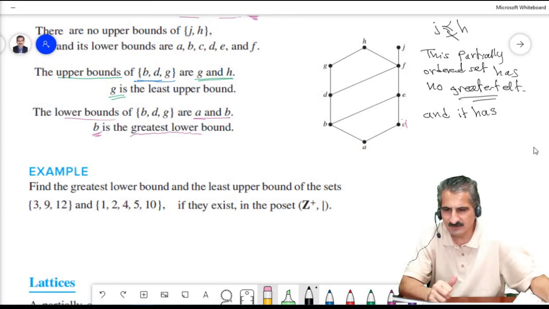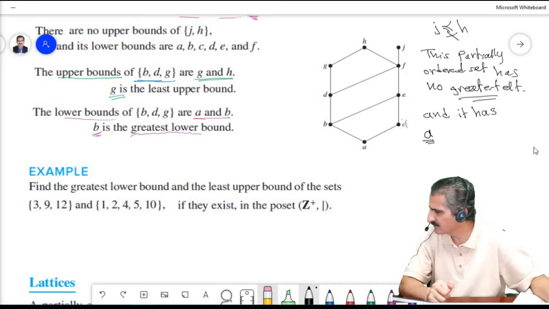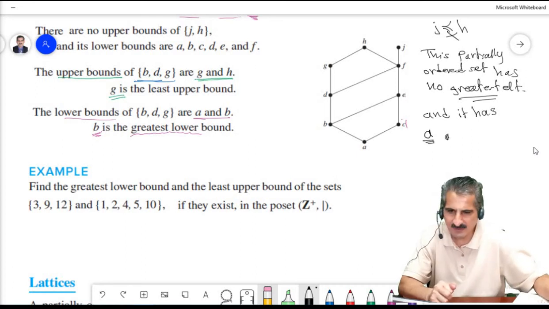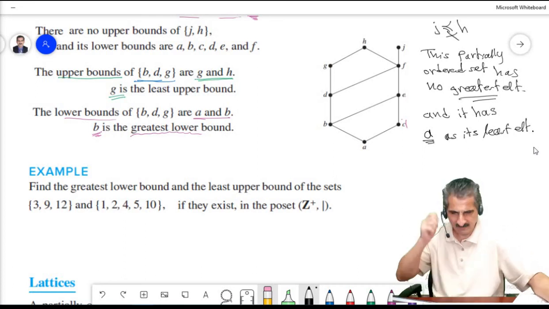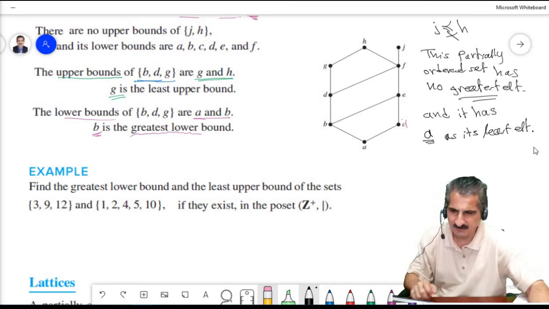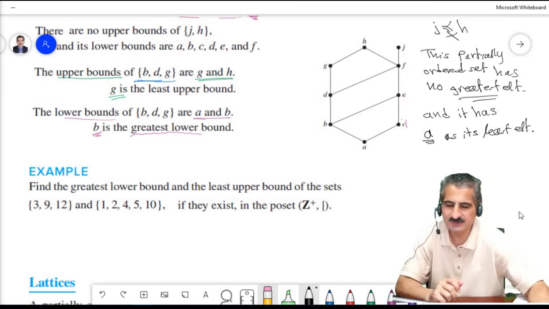Do we have a least element here? Which is A as its least element. Okay, this is what my brain was thinking when I talked about greatest lower bound and this element.